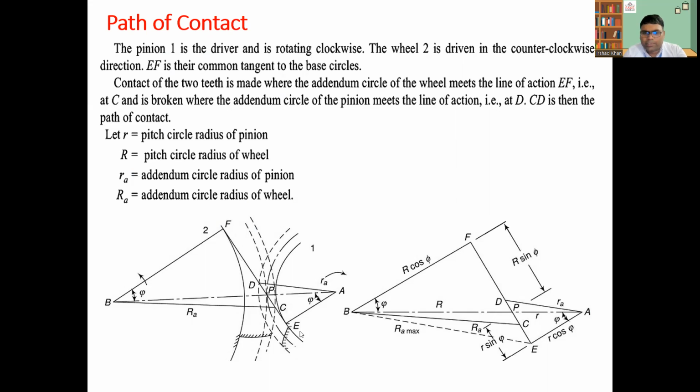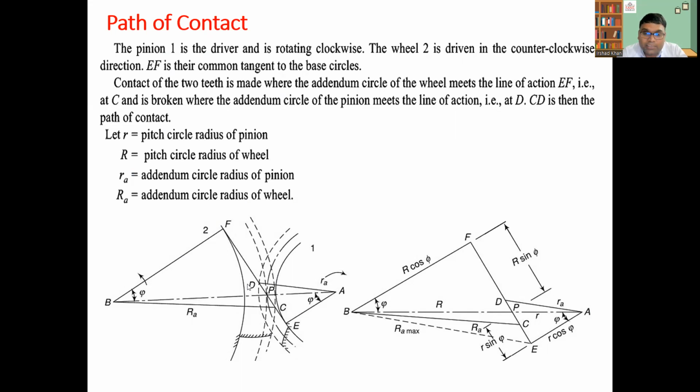This line EF is also called the common tangent to the two mating wheels. So engagement begins from this point C. This is the addendum circle of the wheel.